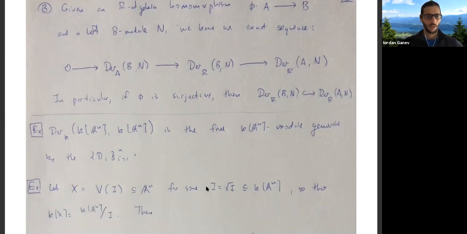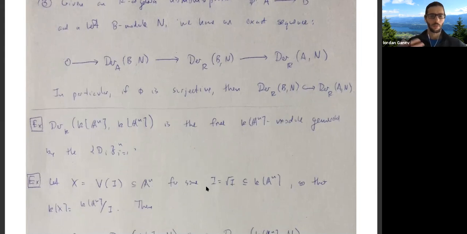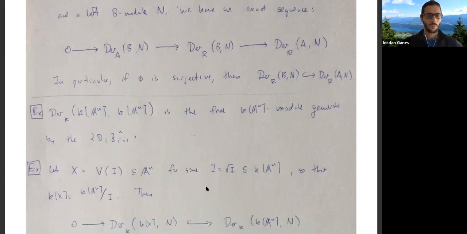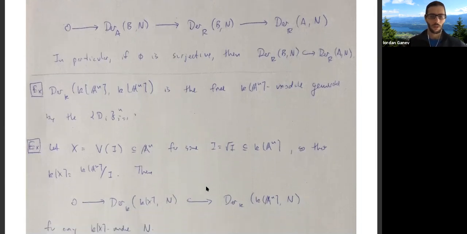Now what about if we have some affine variety, some Zariski closed subset of A^n? How do we talk about the derivations emanating from the affine algebra? Well, let's suppose we're in that setting. Let's suppose that X is a vanishing set of some radical ideal. And so its affine algebra is the quotient of the affine algebra of A^n by this ideal.